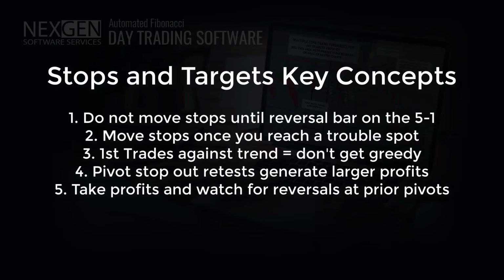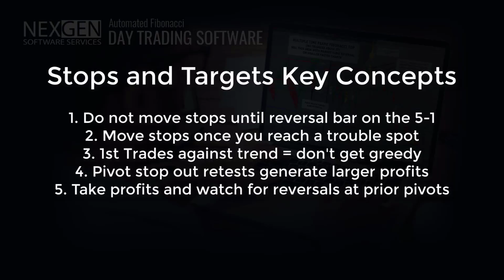So again, a couple of key takeaways that we want to talk about. Don't move your stop until you get a reversal bar on the 5-1 chart. Move your stop when you reach a trouble spot on your chart. When you're doing the first trade against the trend, always watch out for your mid band and smaller profit targets first.